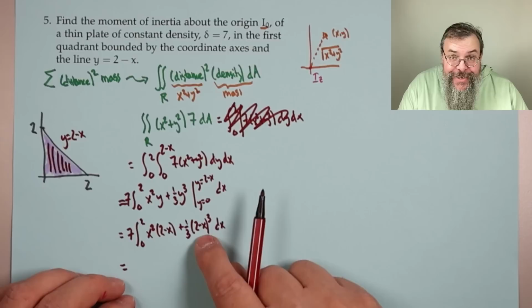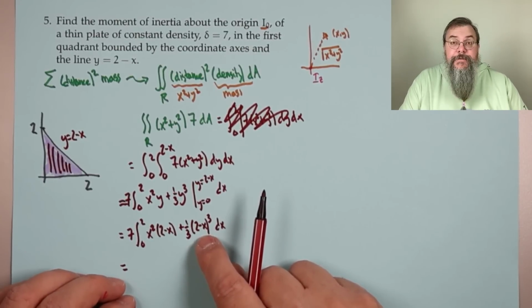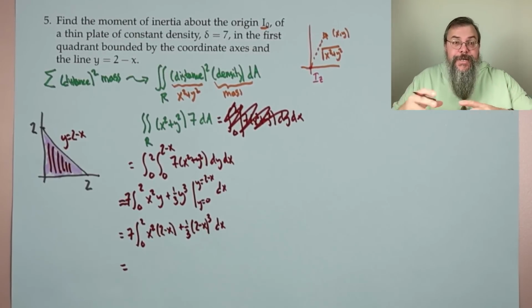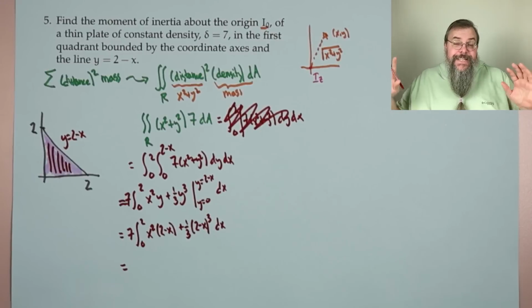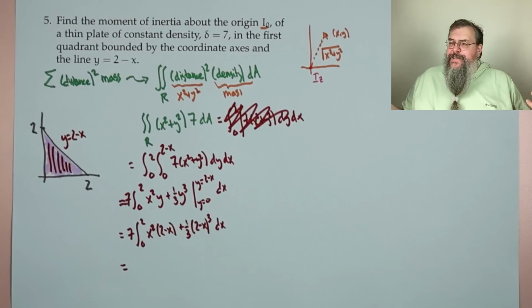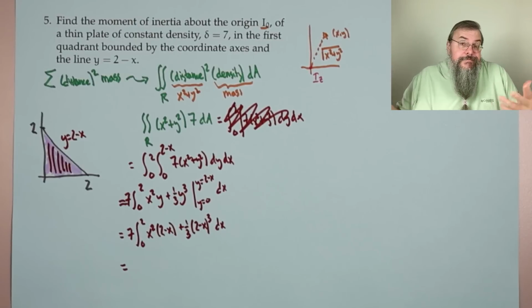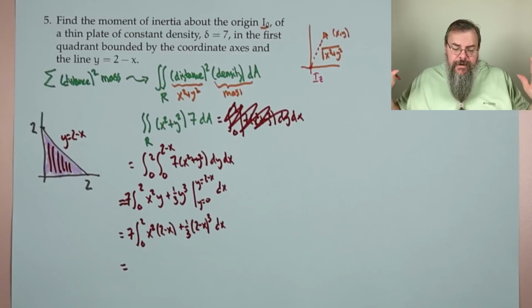I would discourage that because if you do, and it can work, you can expand it out, but then you have to say, well, what's the cube? And then you're going to have a lot of terms to keep track of. That's going to be messy. And essentially say, well, 2 minus x cubed is basically like u cubed. It's like, yeah, that one you can basically do without much work.